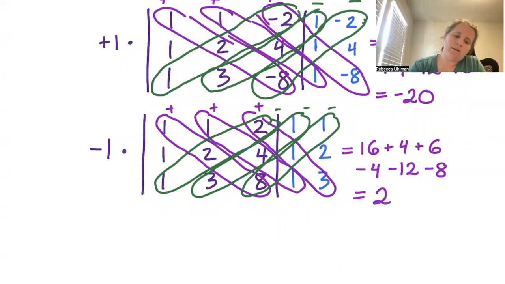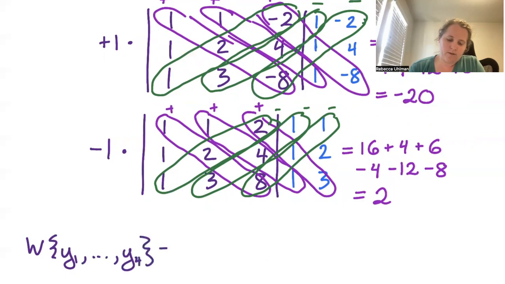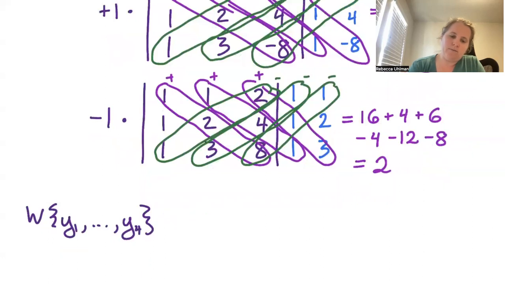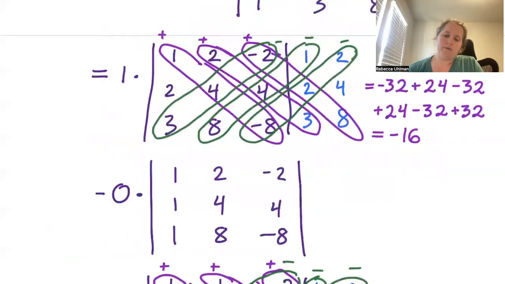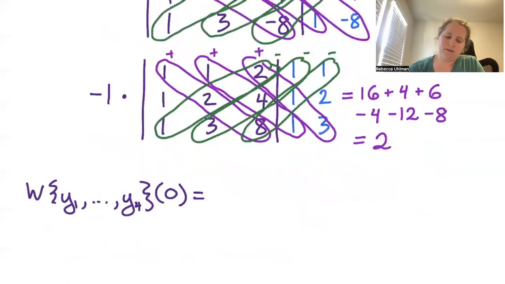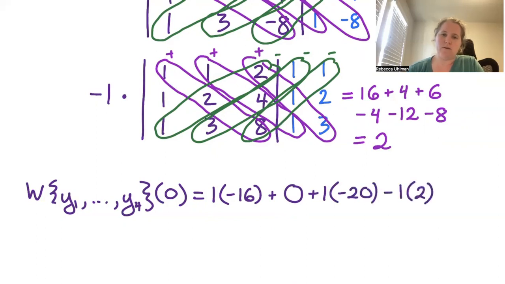And so our Wronskian of y1 through y4 evaluated at 0, sorry, evaluated at 0, not equal 0. We are looking at 1 times negative 16 plus 0 plus 1 times negative 20, and then we have negative 1 times 2.